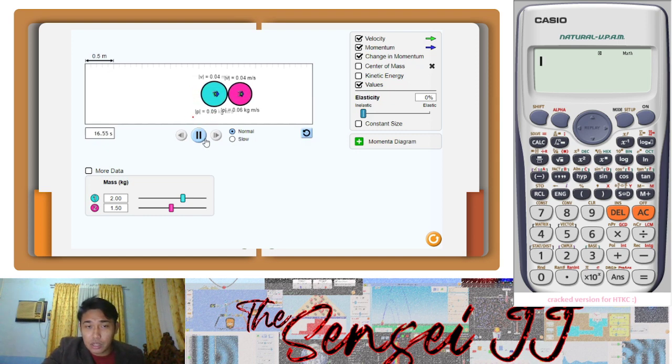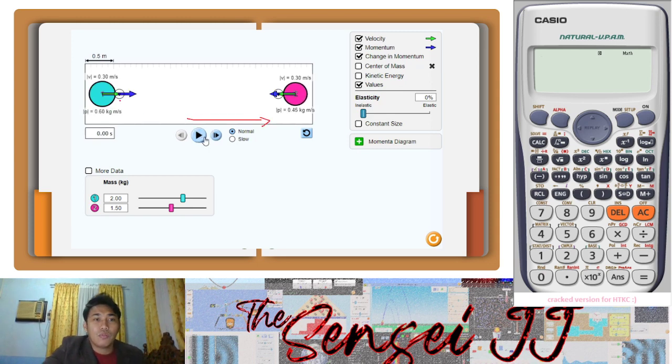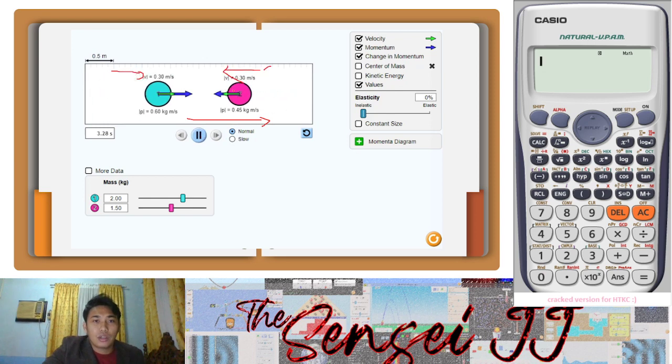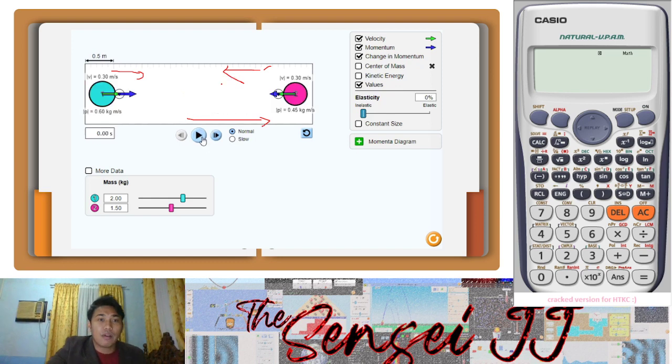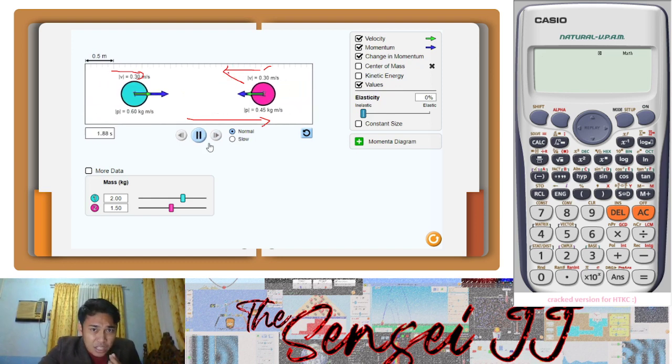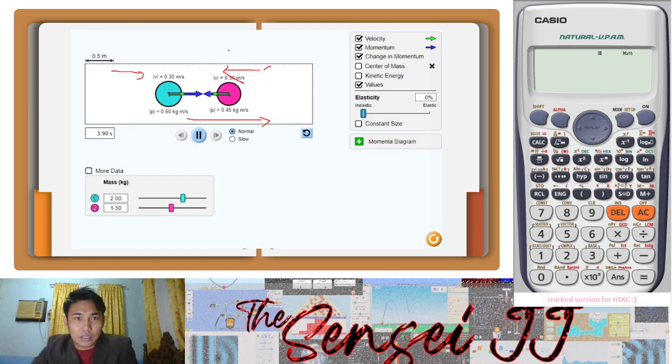As you can see, they are both now traveling to the right, even though they started moving in different directions. They end up going to the right. So they will have a change in momentum, a change in direction.